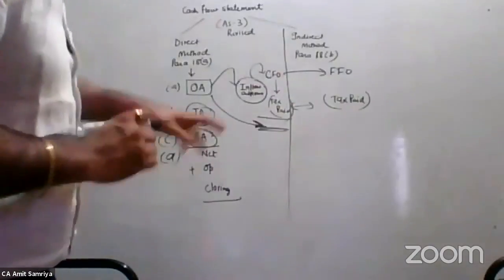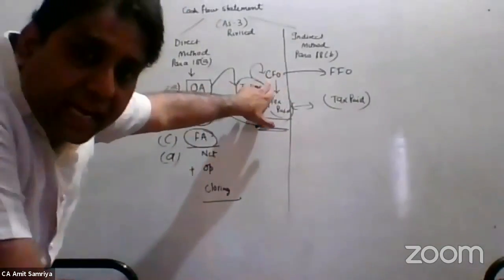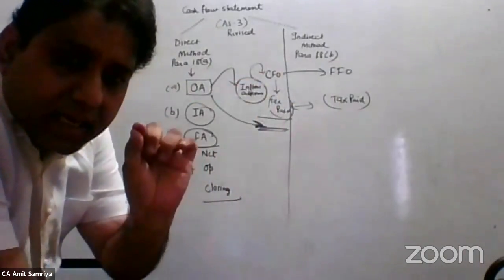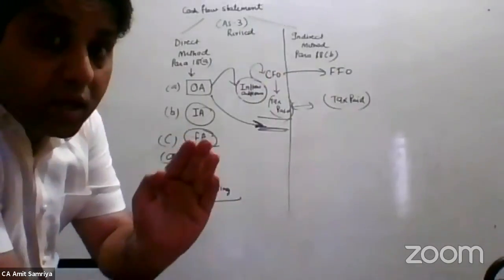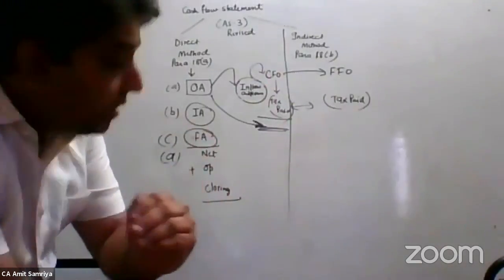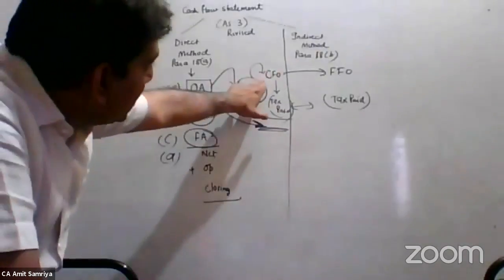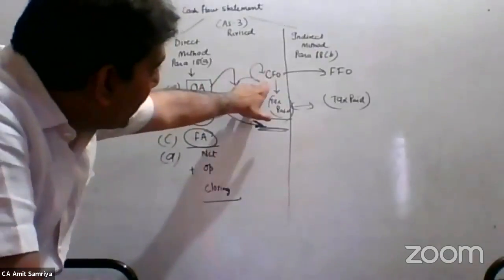Since we write inflows and outflows in the direct method, you can directly write cash from operation. There is some little difference between fund from operation and cash from operation that we will discuss later. Accordingly, you can write cash from operation directly because we already write all cash inflows and outflows. In the indirect method, also cash from operation.